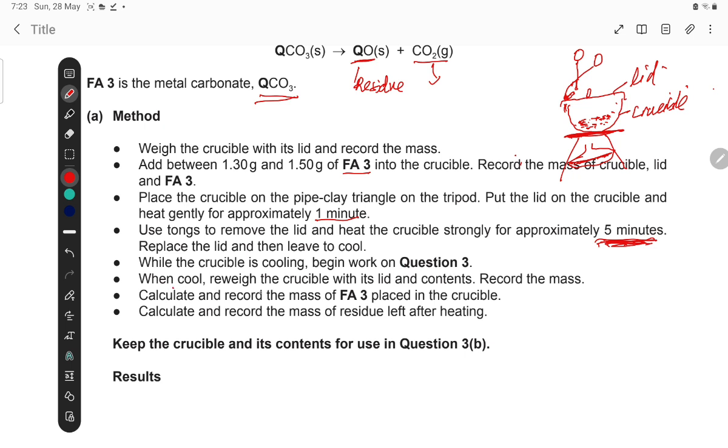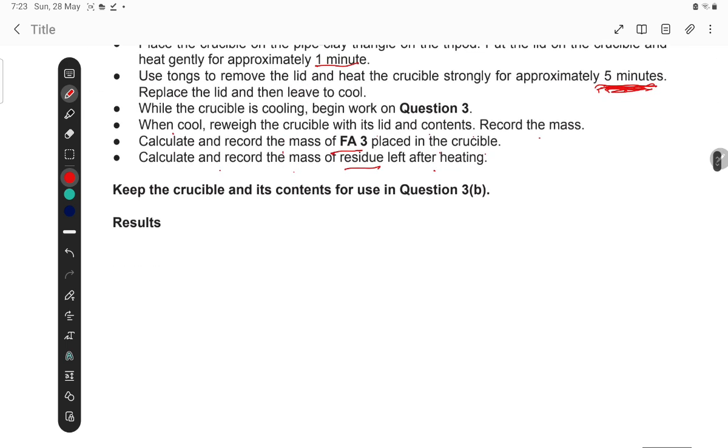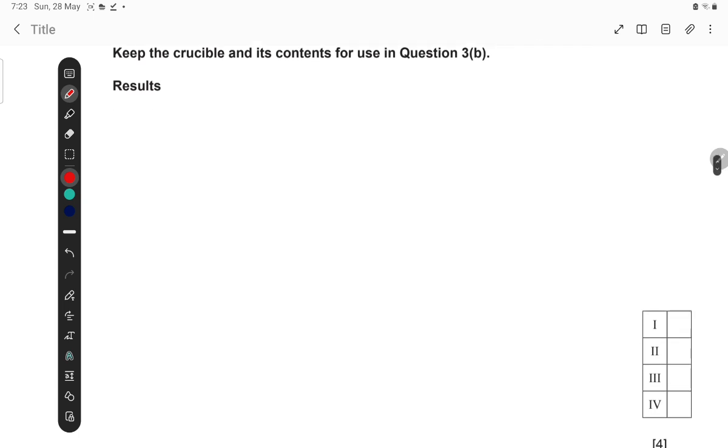When cool, reweigh the crucible with its lid and contents. Record the mass. Calculate and record the mass of QCO3 placed in the crucible. Calculate and record the mass of residue left after heating. Keep the crucible and its content for use in question 3b.